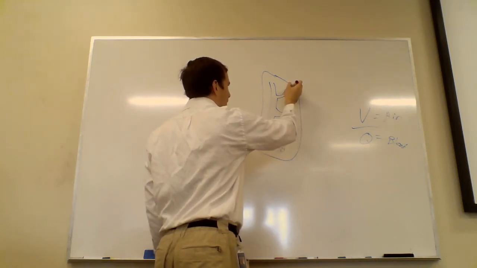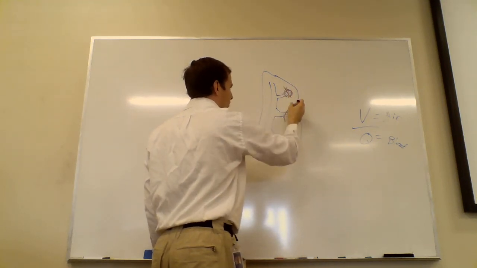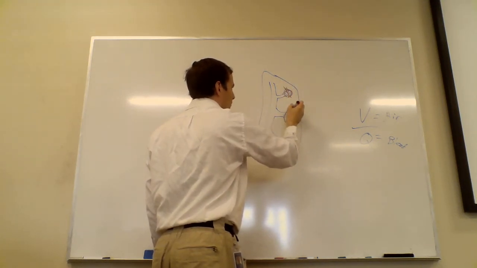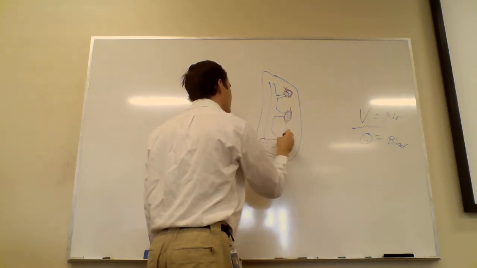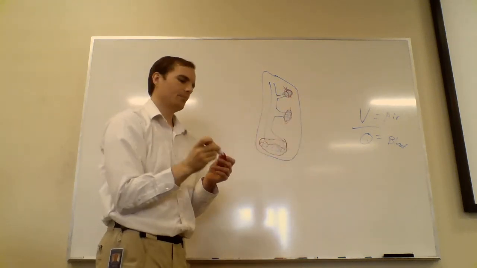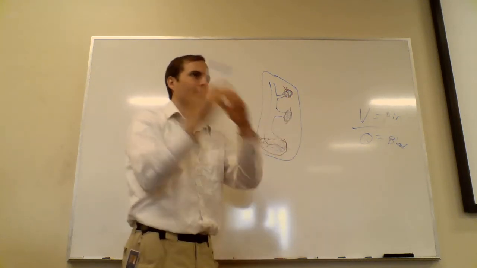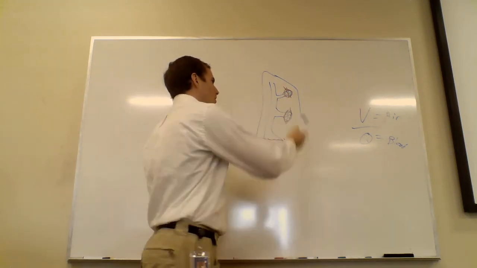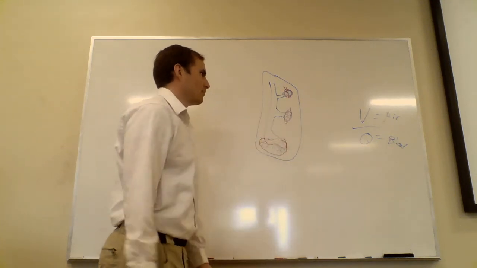This is going over the top, it's going behind the back, and you've got capillaries all over the place. You have capillaries down here too, and they go over the top and everything. So they surround all the alveoli. The alveoli are going to have air in them, ideally. The capillaries are going to have blood.